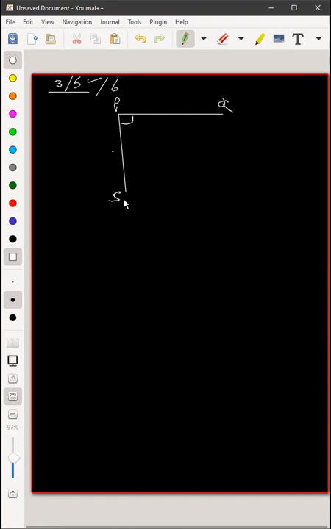PQ is parallel to SR. And SQR, this is 28 degrees. And QRT is 65 degrees. We need to find the values of X and Y.